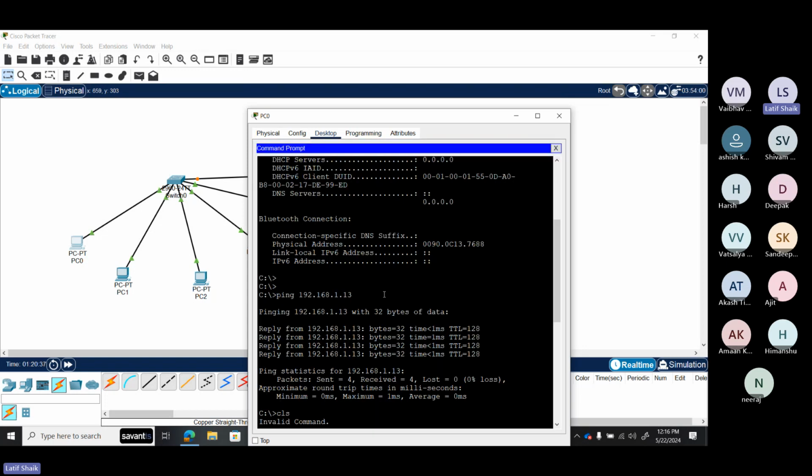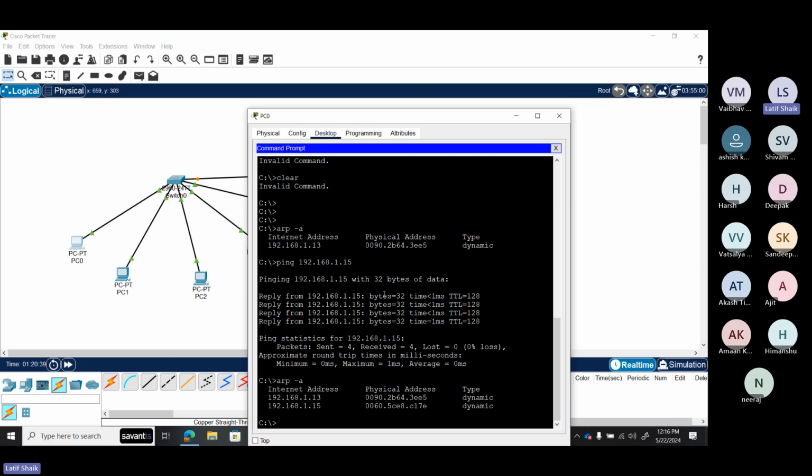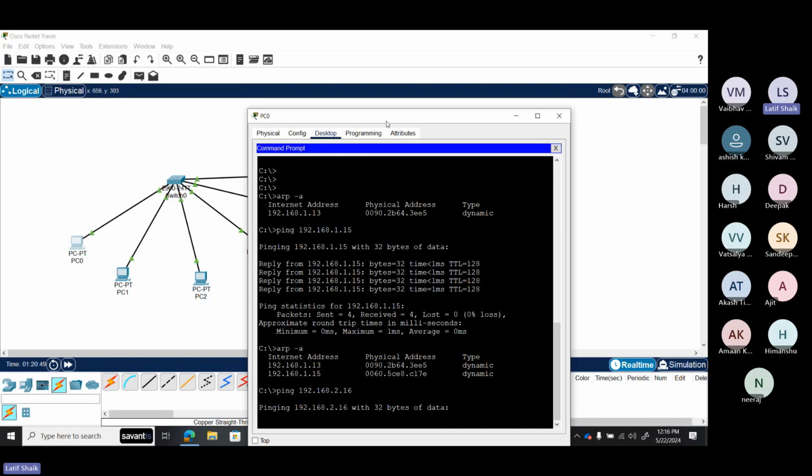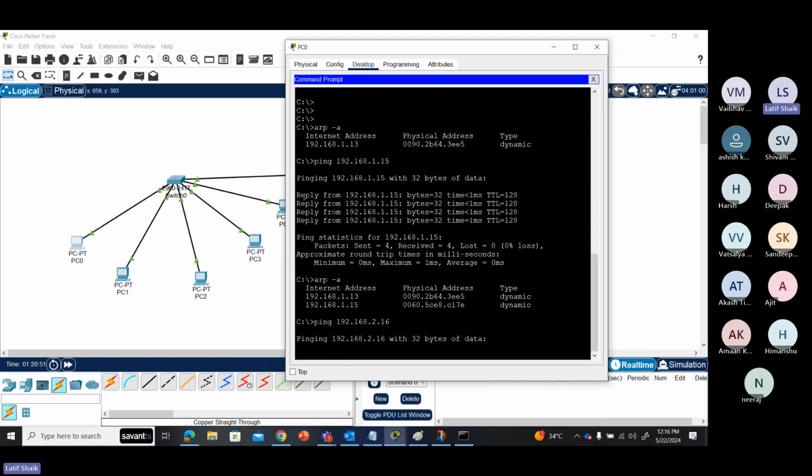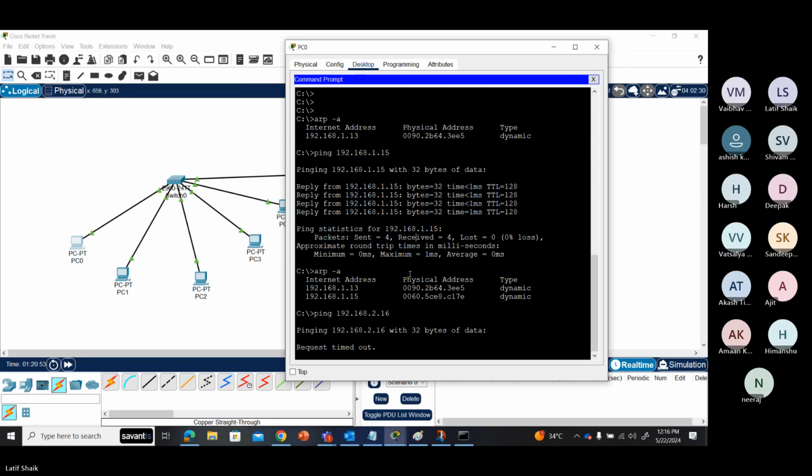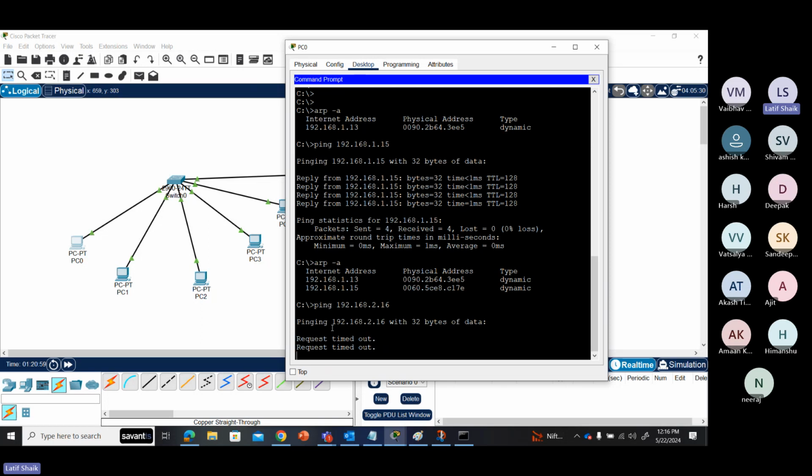Now I'm trying to ping 192.168.2.60 from this PC, and I cannot communicate. I'm not getting any ping replies, only request timed out, because this is a different network IP address.